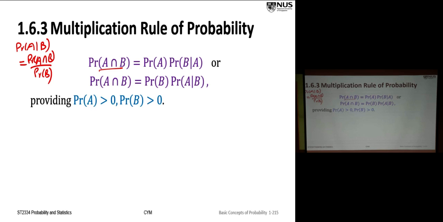Of course, for this to be valid, probability of A or probability of B must be bigger than 0. Otherwise the definition of conditional probability does not apply, so you cannot apply this multiplication rule.